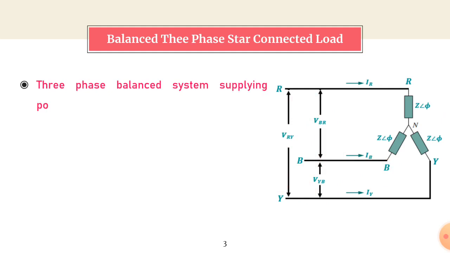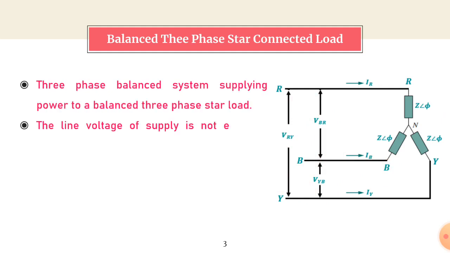So a three-phase balanced system is supplying this balanced load, and in star connection the line voltage and phase voltage are different. Hence the supply line voltages will not be equal to the load phase voltages.